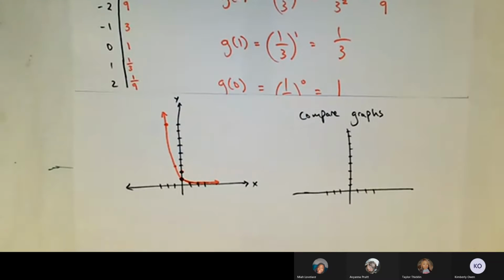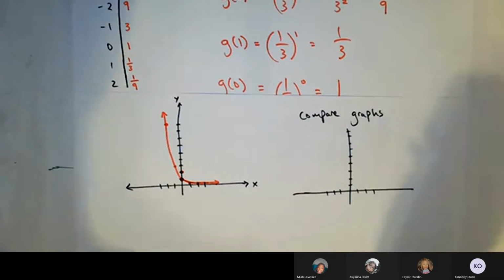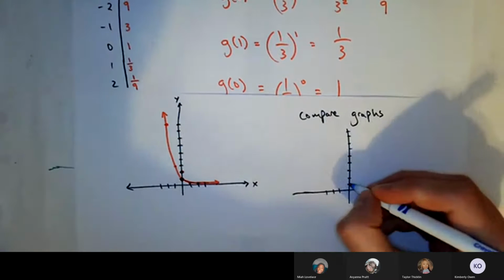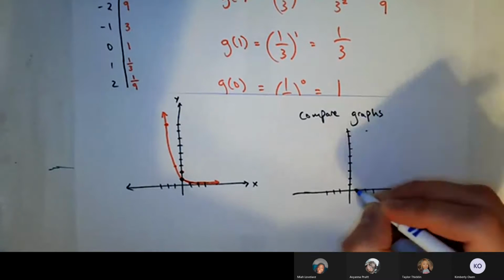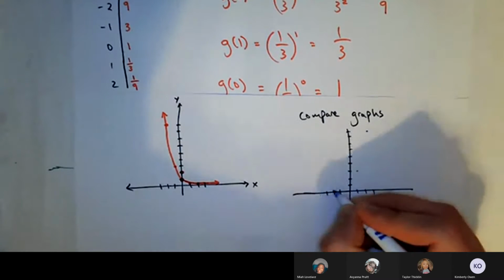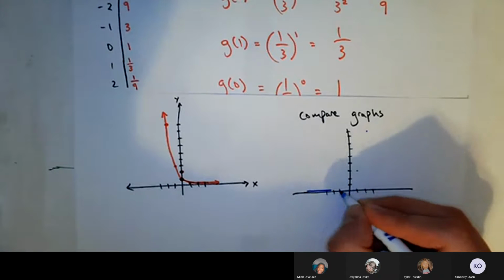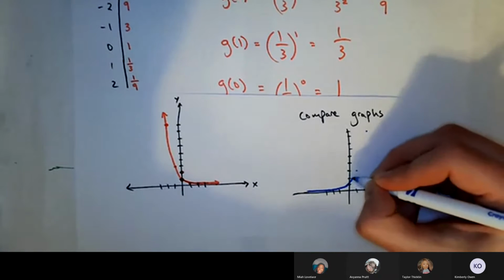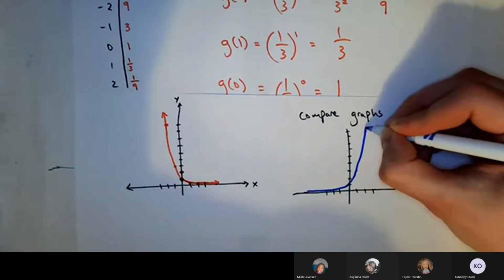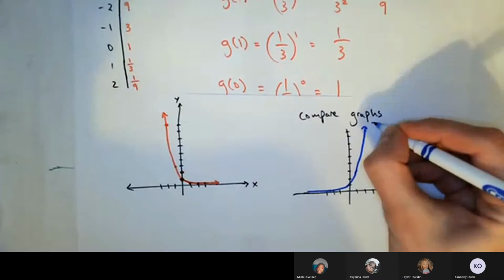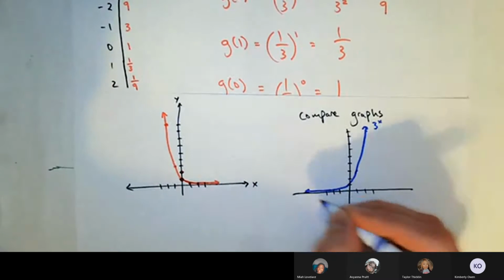So the first one I'll draw in blue. That was the 3 to the x, and I'll just very quickly graph a sketch of it. Here's the first one we did. So this is the 3 to the x.